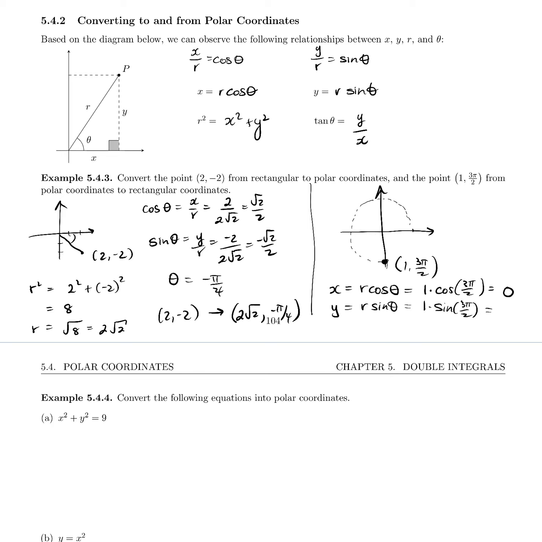The sine of 3 pi over 2 is minus 1, so 1 times minus 1 is minus 1. And so that point, 1 and 3 pi over 2 in polar coordinates, is the point 0 in x, minus 1 in y in rectangular coordinates.